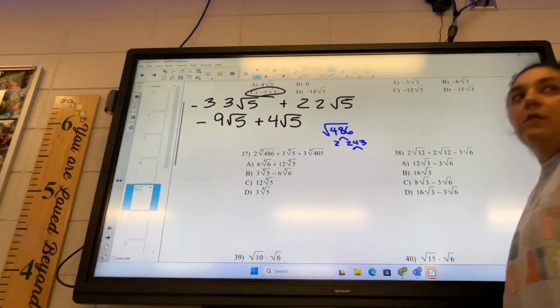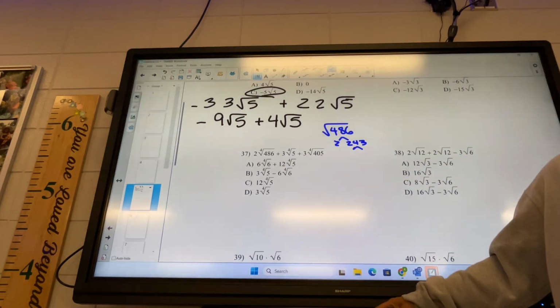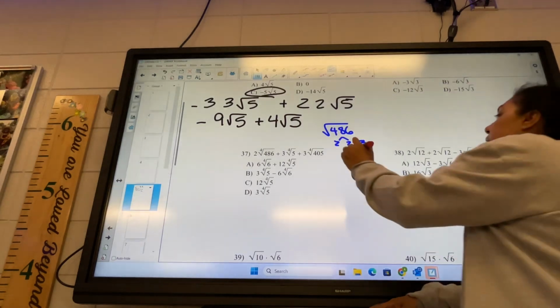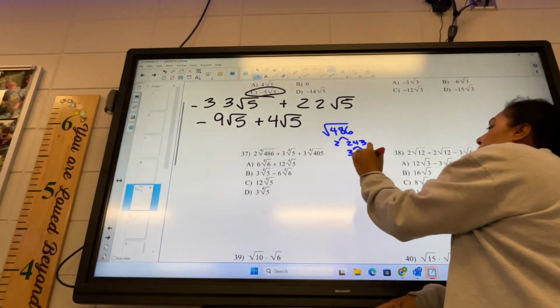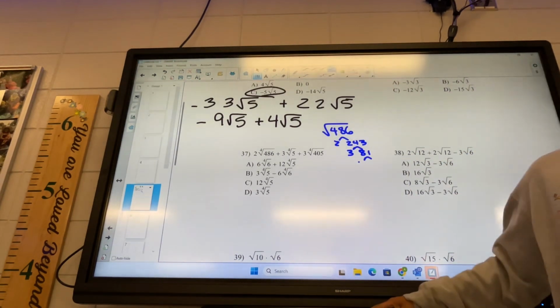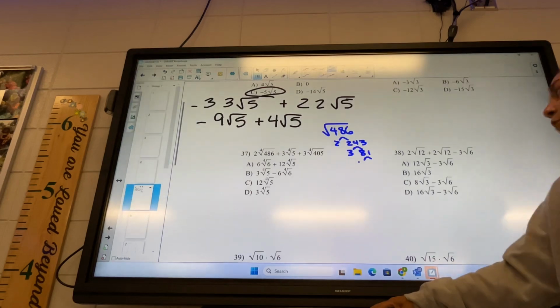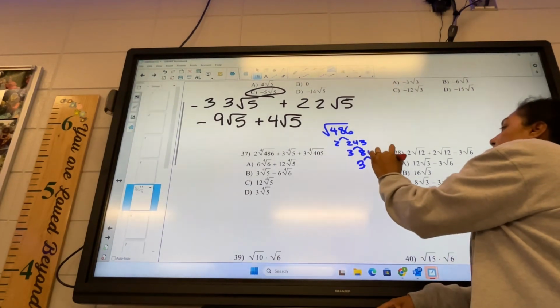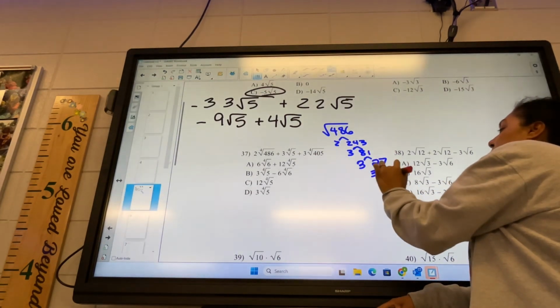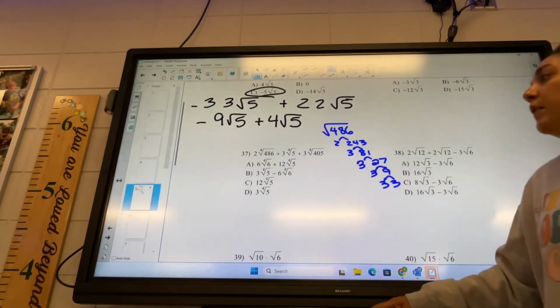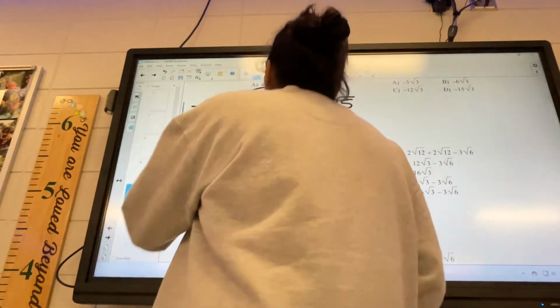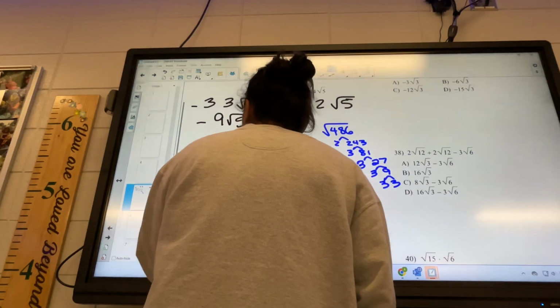Then 3 and 81. 9 and 9. 3 and 27. 3, 9, 3, 3. Okay, so the 2 is going to come down because it already belongs there.